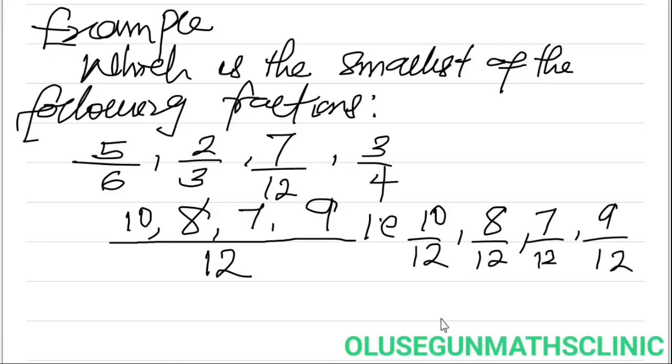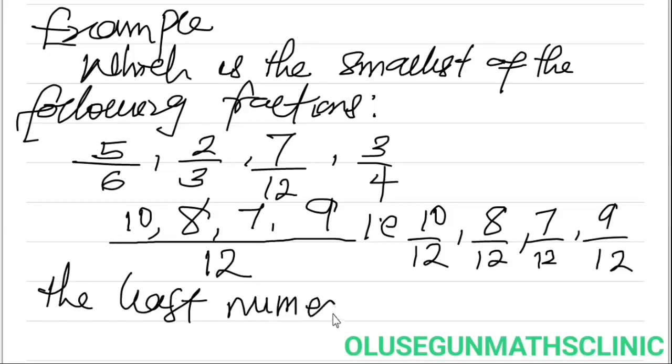So to now get the smallest of the fractions, we don't need to go further. You know that the least numerator is 7.